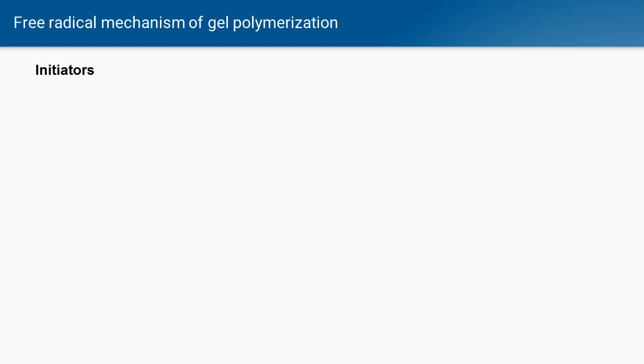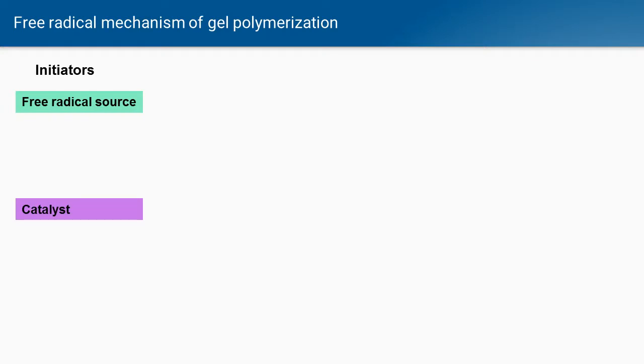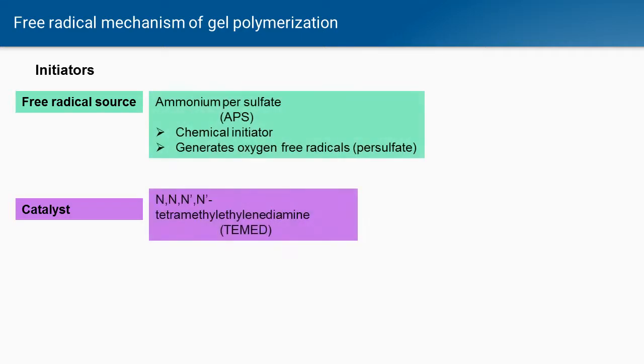Free radical mechanism of gel polymerization. So the initiators are there, and initiators have two things: the free radical source and a catalyst. The free radical source is generally ammonium persulfate, and the catalyst is tetramethylethylenediamine, TEMED. Ammonium persulfate is a chemical initiator.